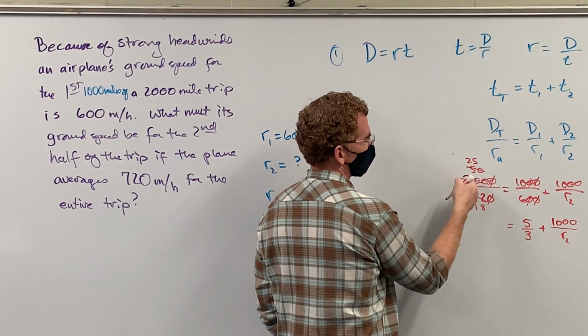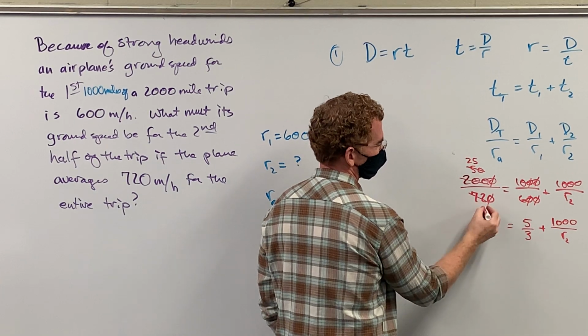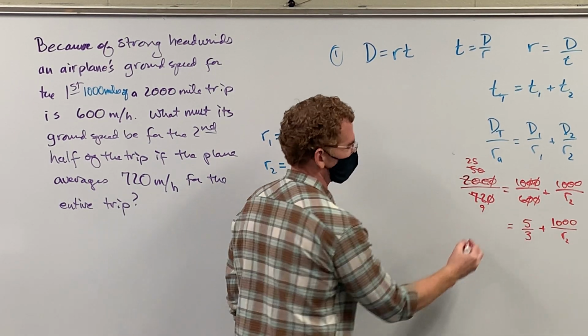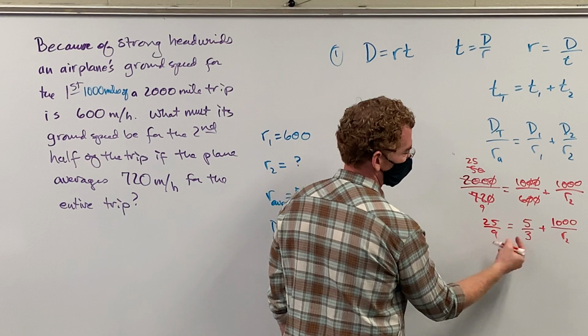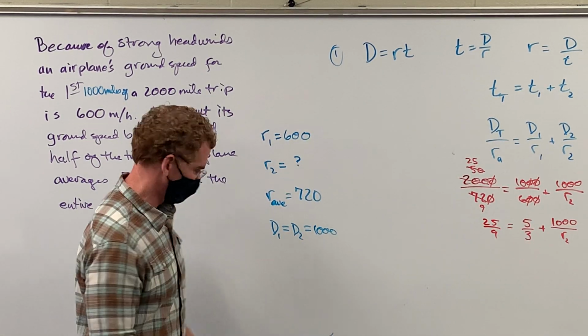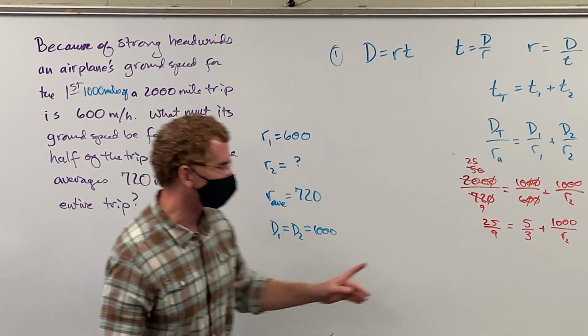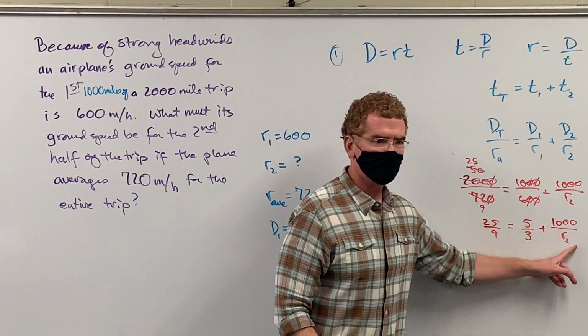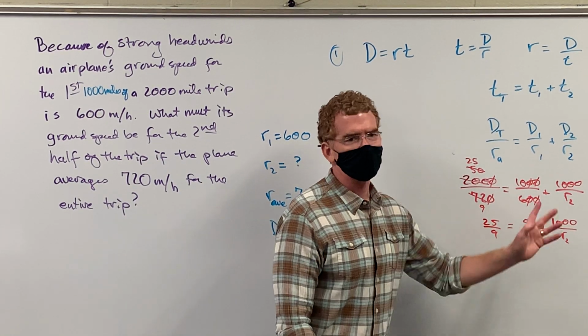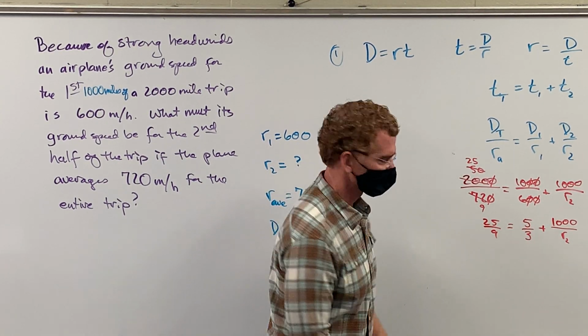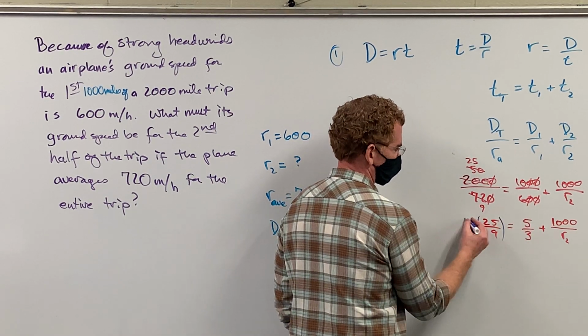So I could divide an 8 into that and an 8 into that. 25/9. And if you do that, now the common denominator is not so bad. So what, should I find a common denominator of 9R? Or should I multiply through by a common denominator of 9R? Multiply through. I'm going to multiply through.